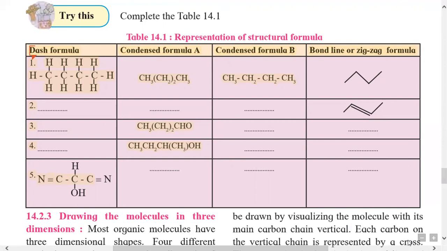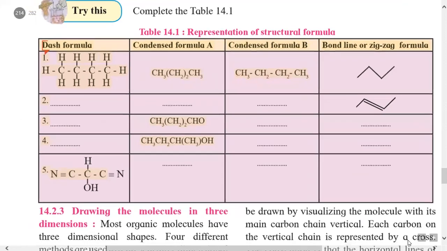Similarly, the condensed formula in another form can be written as, instead of writing all these hydrogen atoms separately, we can write them collectively, and this formula is also called a condensed formula of butane. It can be written as CH3CH2CH2CH3. Now there are 4 carbon atoms.